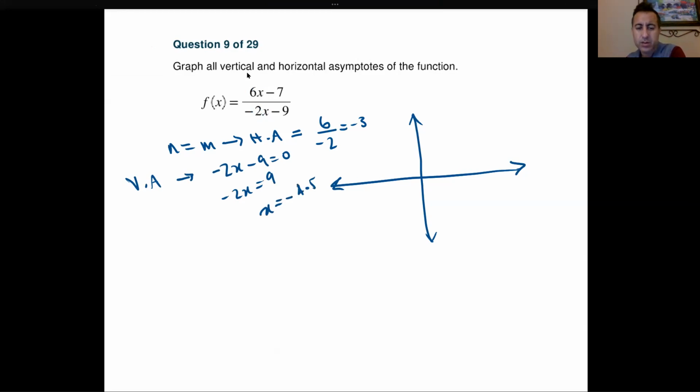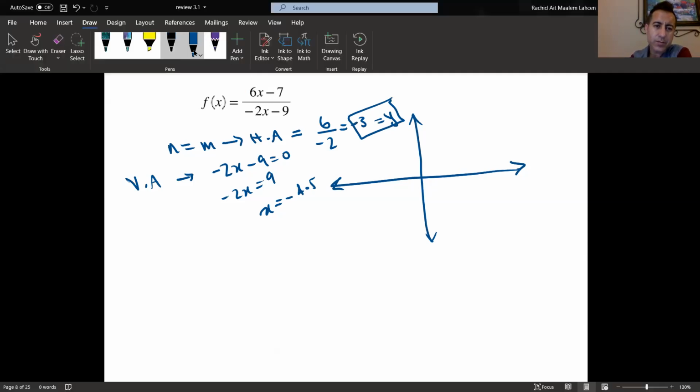That's -9 divided by 2, or 9 divided by -2. All right, so horizontal asymptote, it's a horizontal line, so that's a y equation. Y equal -3.